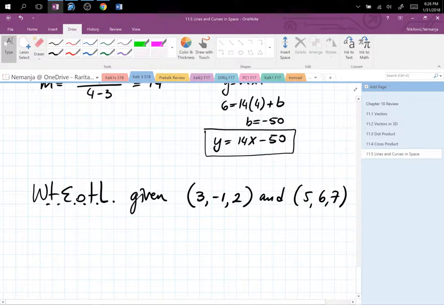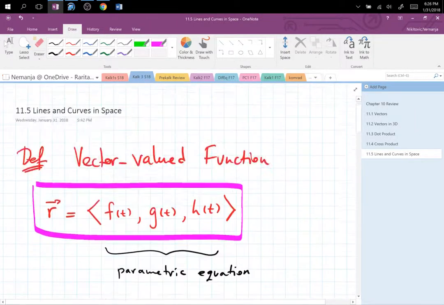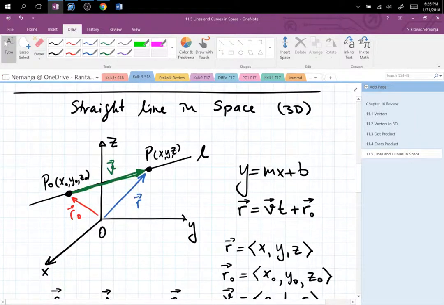Now, why would it be important in Calc 3? Well, how do you get the slope for the Calc 3 line? What is the slope for a Calc 3 line? Yes, V. It's the V vector.